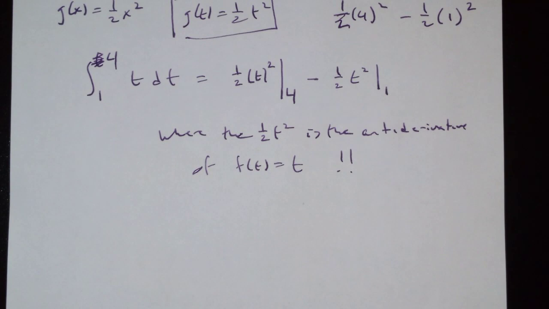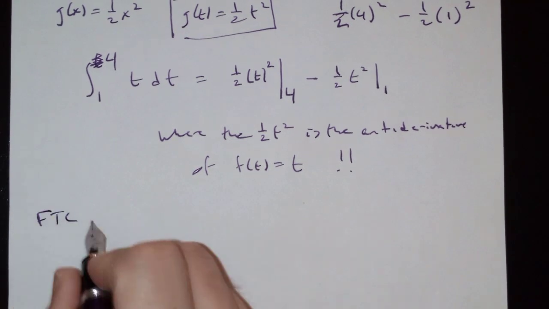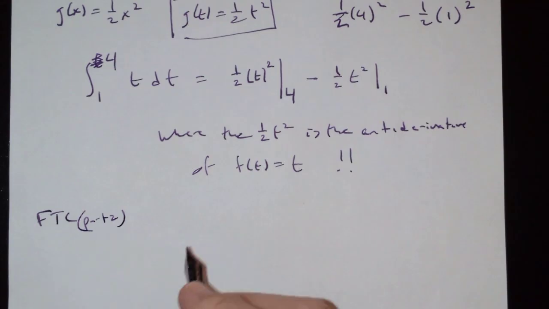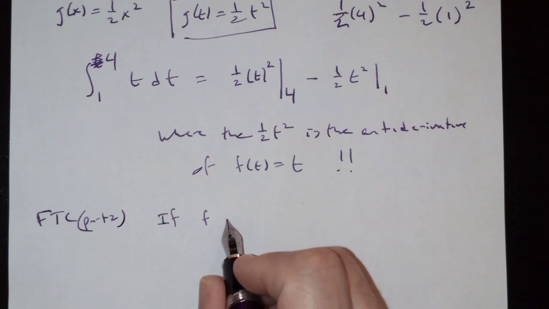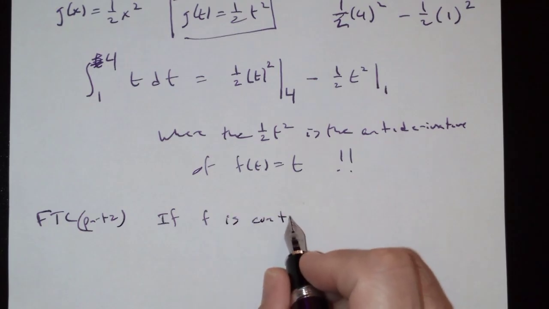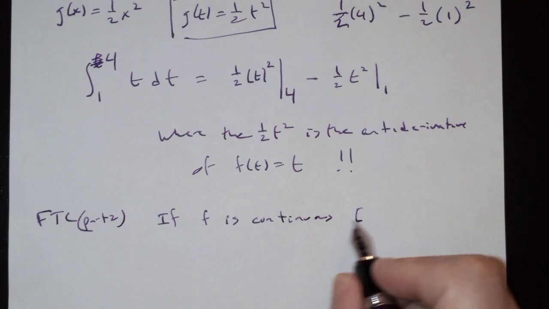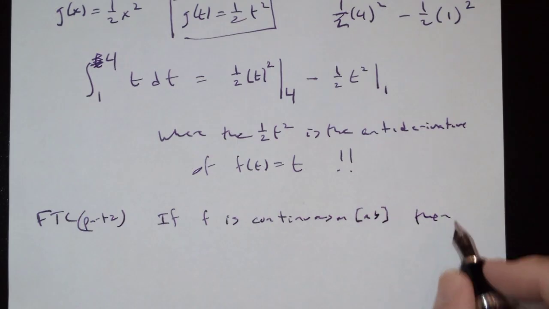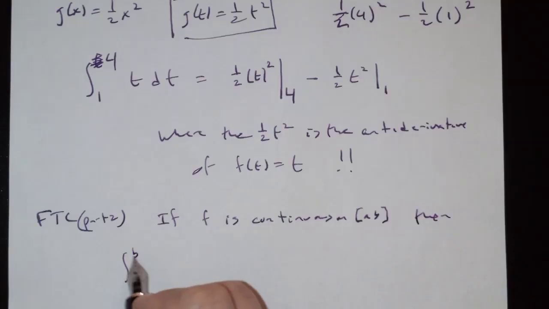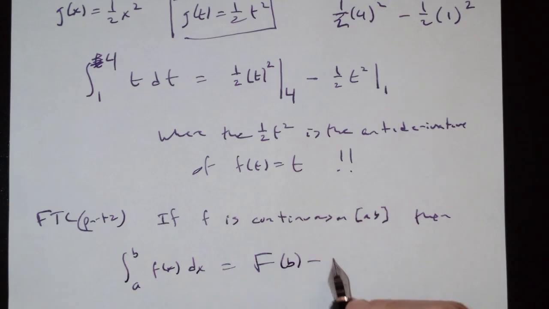Here is the second part of the fundamental theorem of calculus. If I have a function that is continuous on some interval, then the integral from a to b of f of x dx is capital F of b minus capital F of a, where capital F prime is little f.